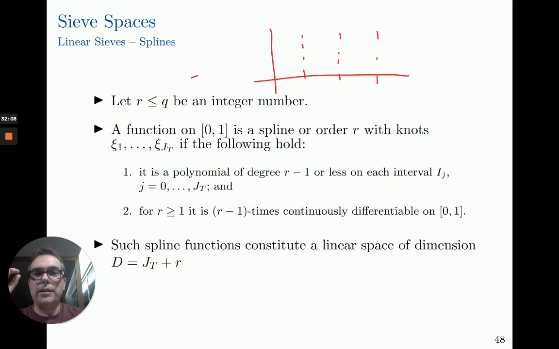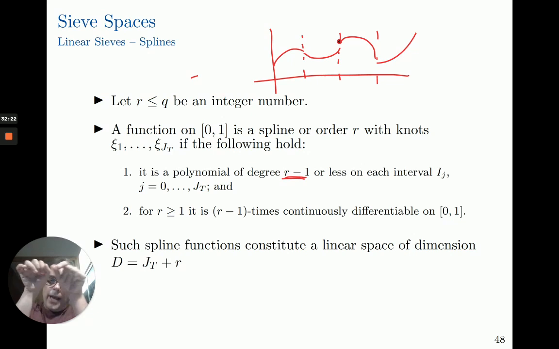We're basically saying, okay, in this interval we have a polynomial, in that interval we have another polynomial, we have another polynomial here, and another one here. And they are of degree R minus 1. And by combining these piecewise polynomials, we can recover a much more complex function.